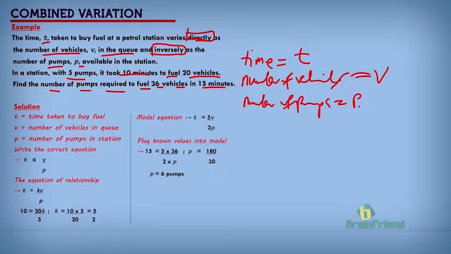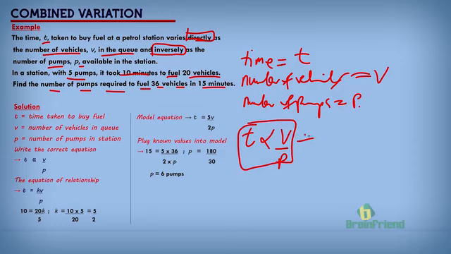So quickly we write out the correct equation of our relationship. T, which is the time taken to buy the fuel, is directly proportional to the number of vehicles, V, and inversely proportional to the number of pumps. So that's our relationship.